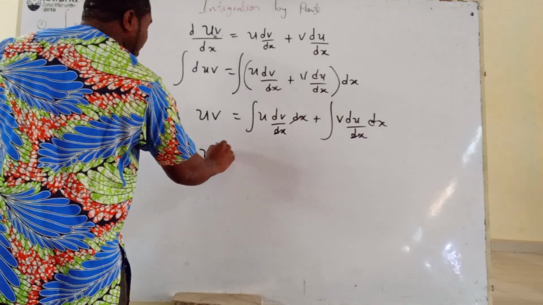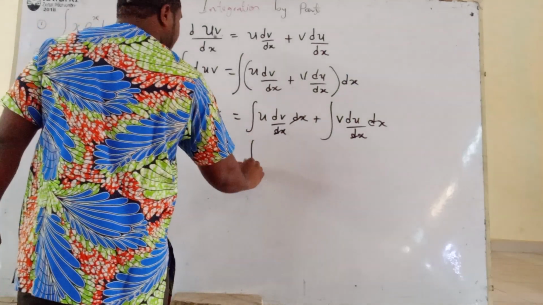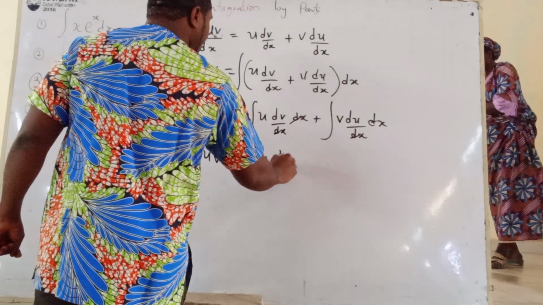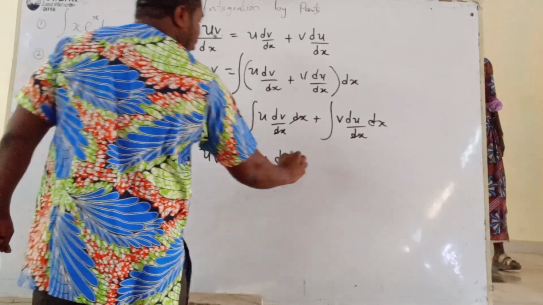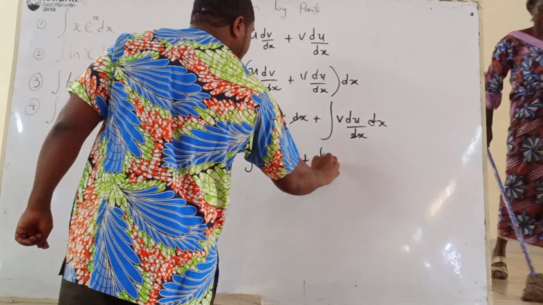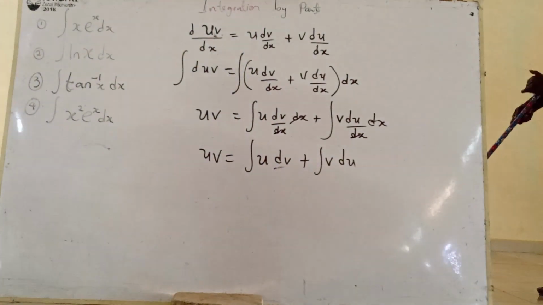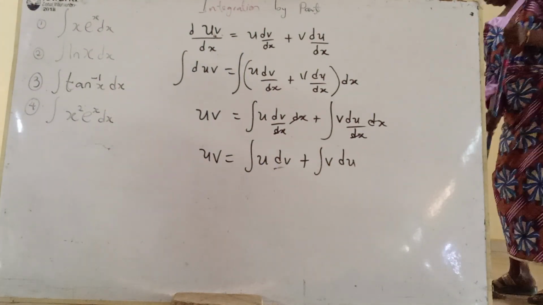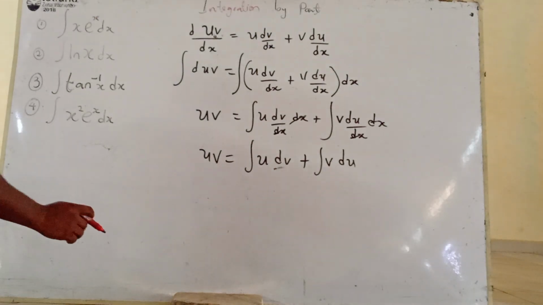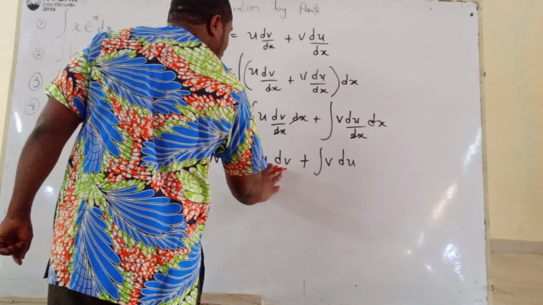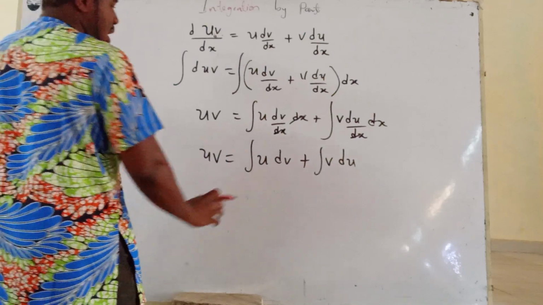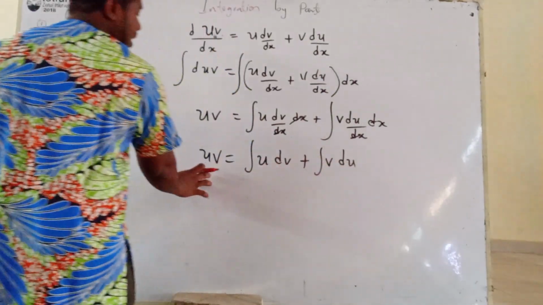I think these two dx can go. So I have uv equal to what? Integral of u dv, right? Plus what? Integral of v du. Are we together? Fantastic. So I want this u dv to be on its own. I can move this to the other side.